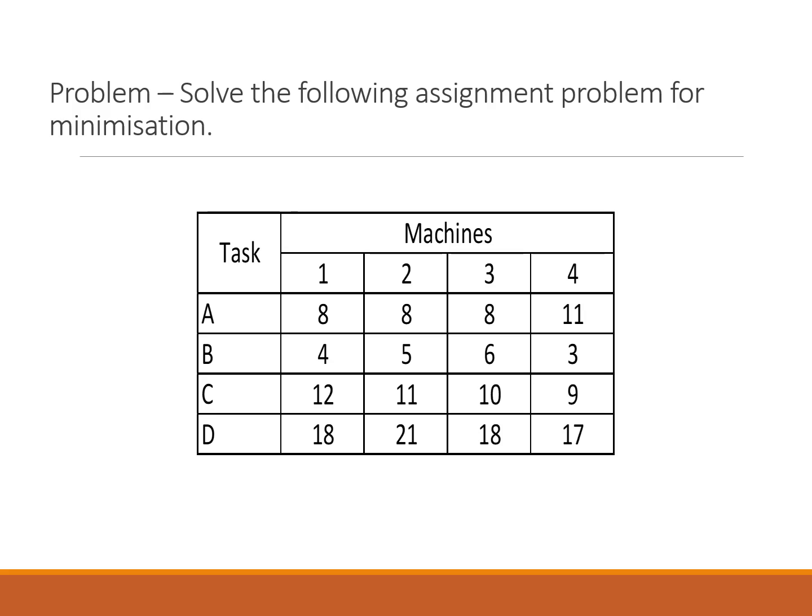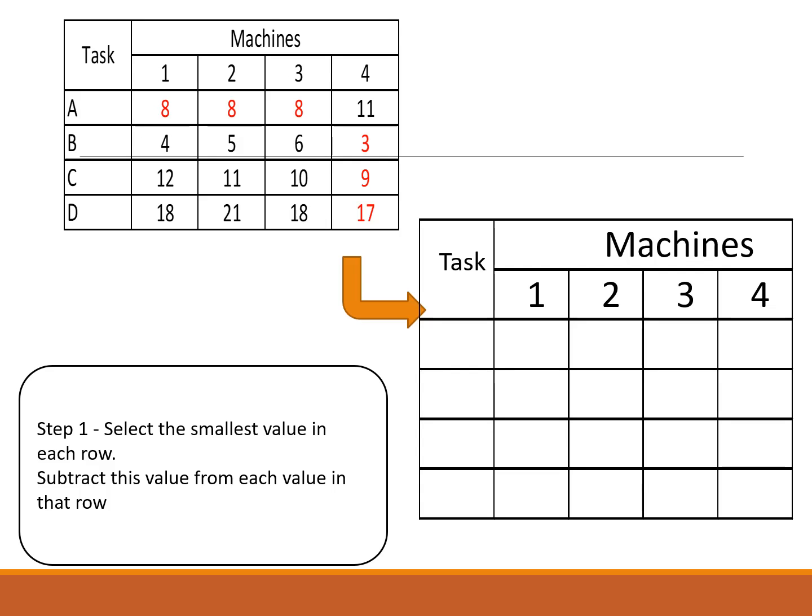The tasks are 4 and machines are 4. So in this assignment model, our rows as well as columns are equal, so there is no need to balance it. So write down this matrix table once again and apply step 1.